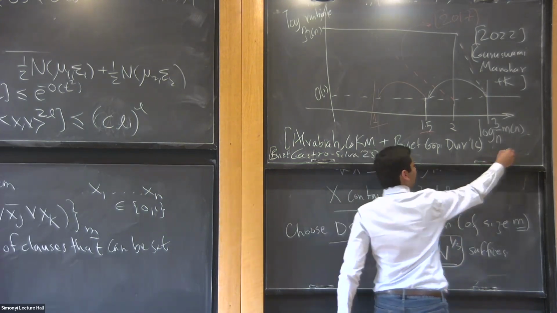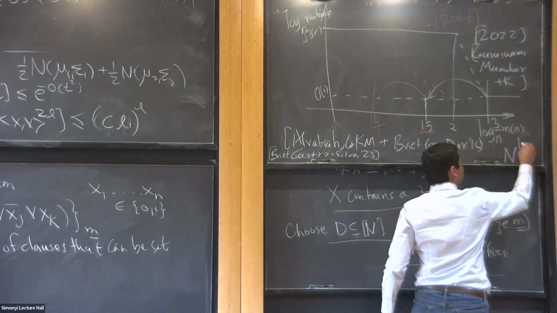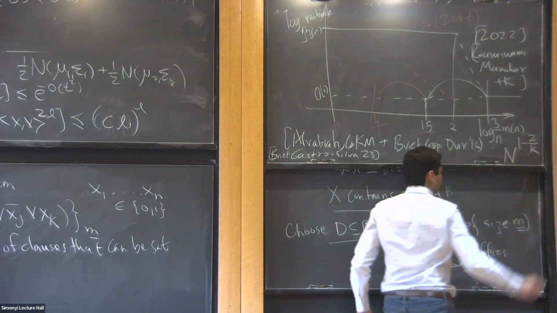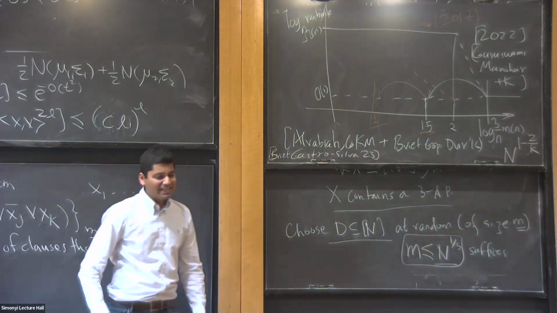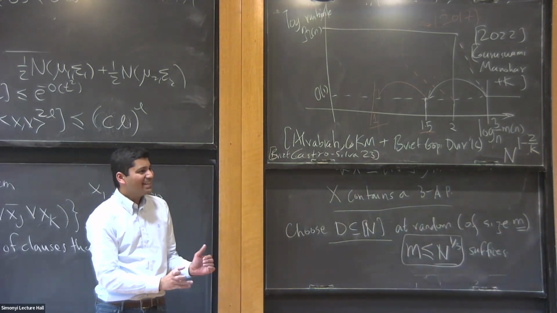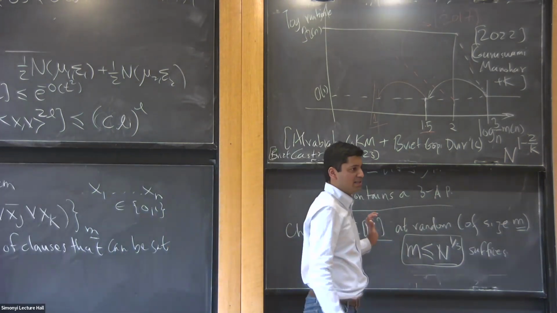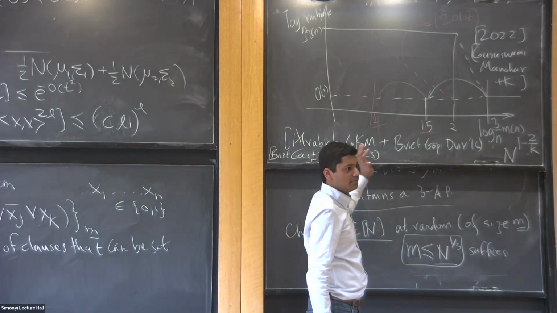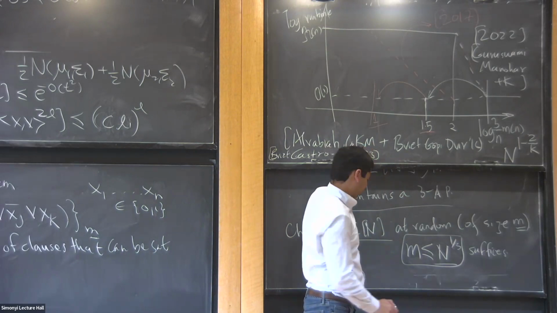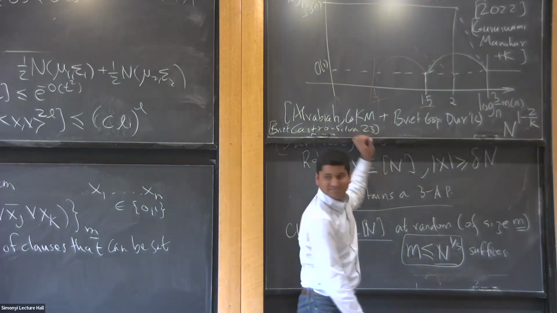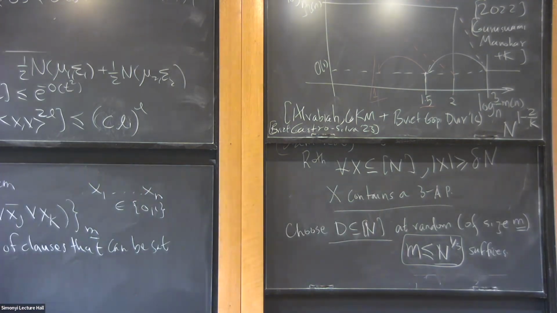It's really capital N to the 1 minus 2 over K. So it gets worse as K grows, even though the answer we suspect is log capital N for any fixed K. With the current techniques, the bounds get worse. So it's less interesting for large K.